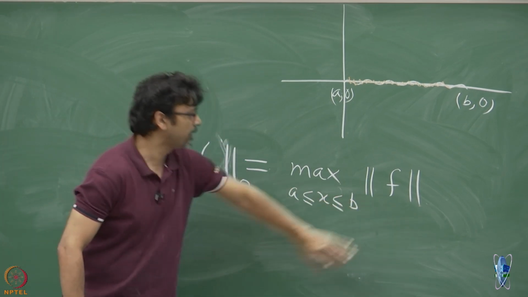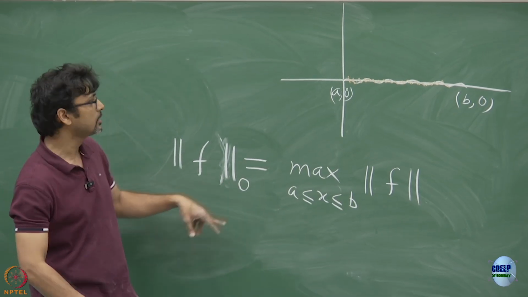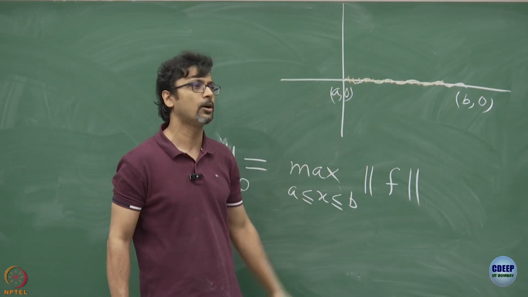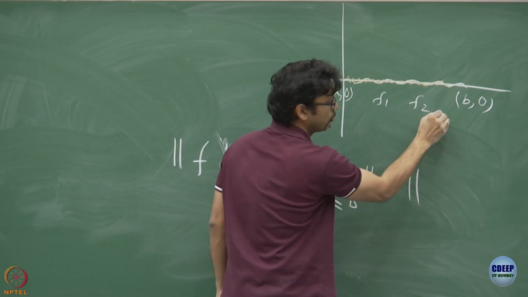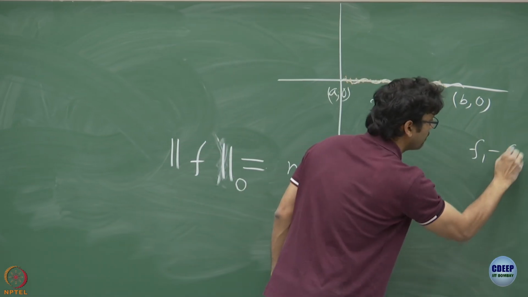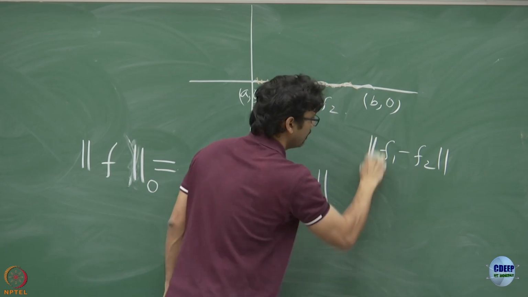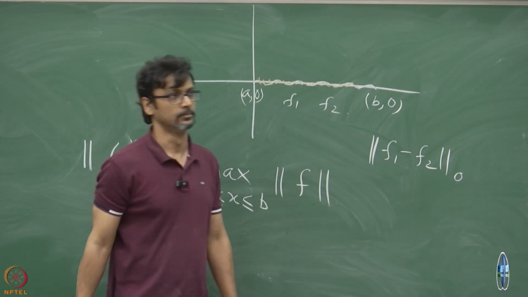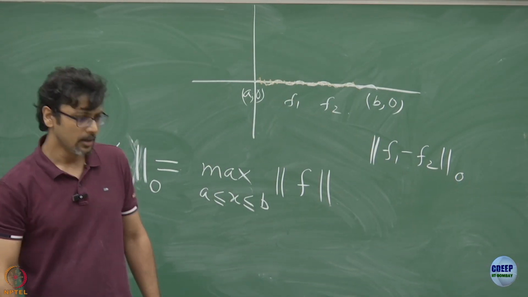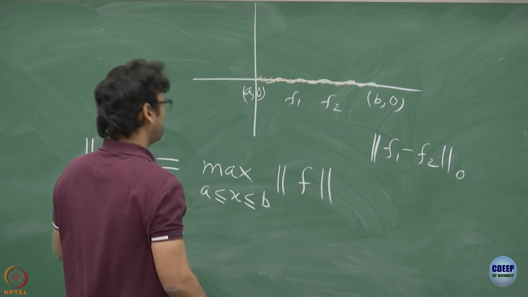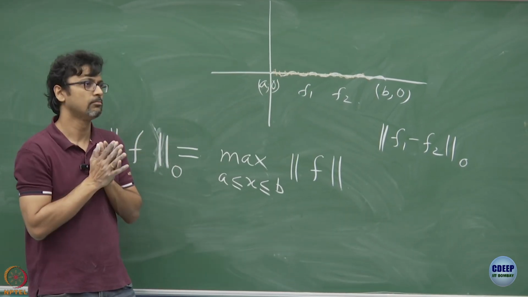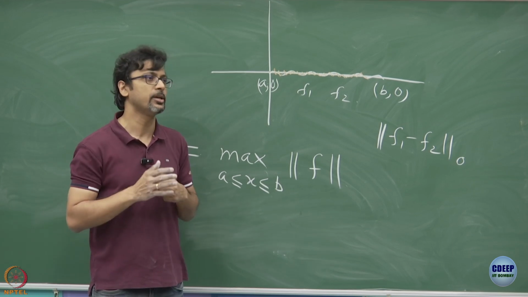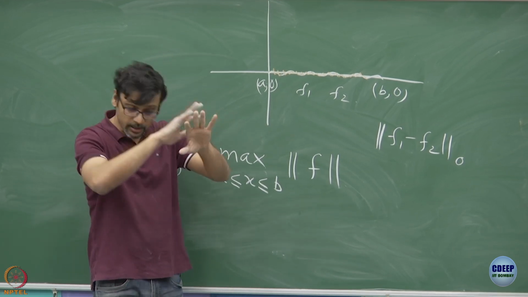So in terms of this particular notion of closeness or distance, it would seem like these fellows are not very far off, because you are going to call one of them f1, the other f2, and look at the 0 norm of f1 minus f2. And you are going to say, oh okay, not too bad, they are pretty close.